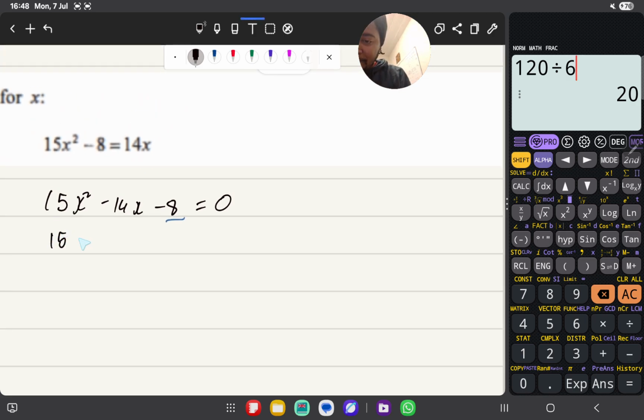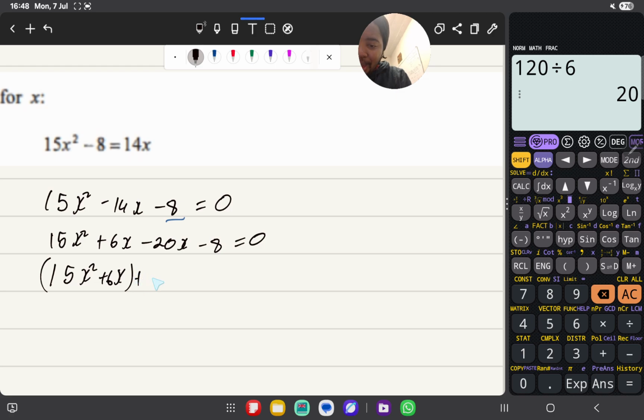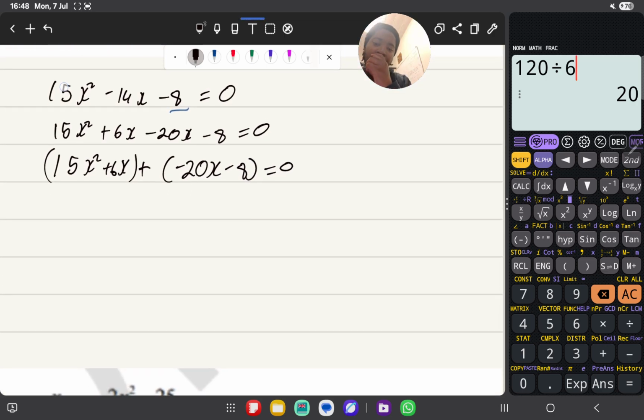You have 15x squared plus 6x minus 20x minus 8 equals 0, right? Now we're going to group, but here we have a negative, of course, so you can do 15x squared plus 6x, and then plus, open bracket, minus 20x minus 8, equals 0.